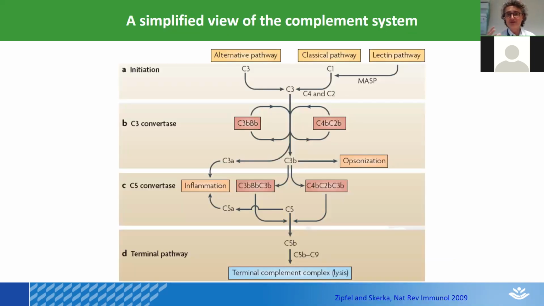This is a simplified view of the three pathways, alternative, classical, and lectin. It's just to drive home the concept that the complement system is triggered most often by infection.